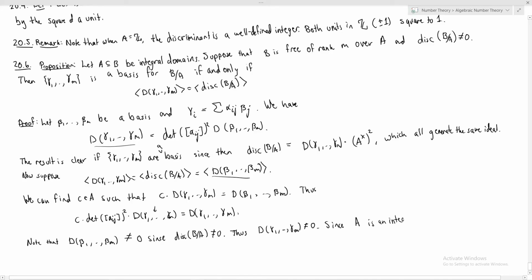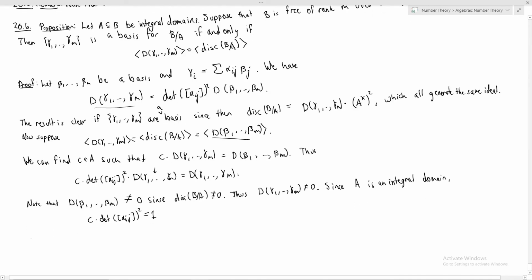I guess really, maybe it seems like I only need that A is an integral domain. Since A is an integral domain, C times determinant of alpha ij squared equals 1.